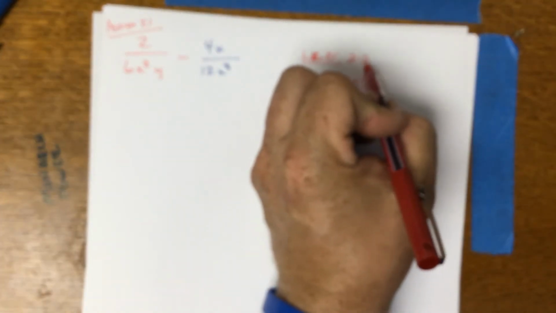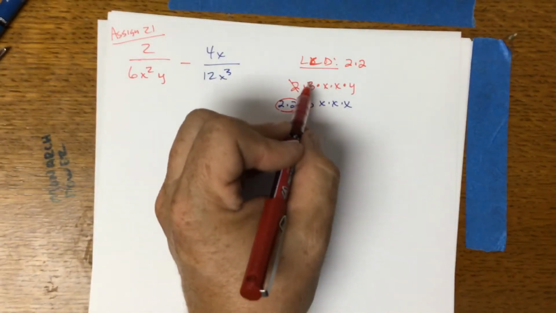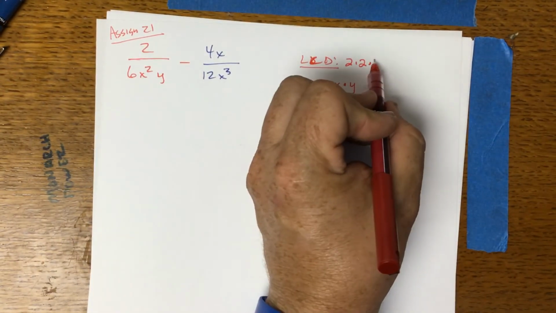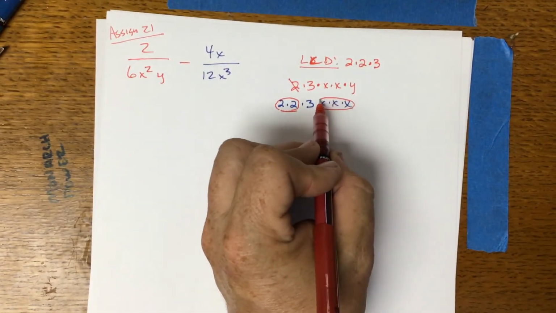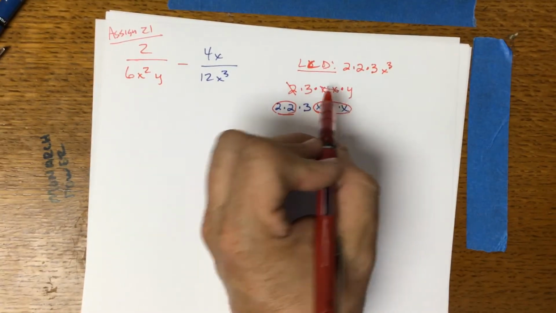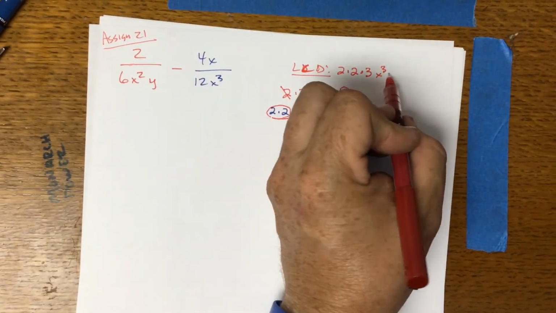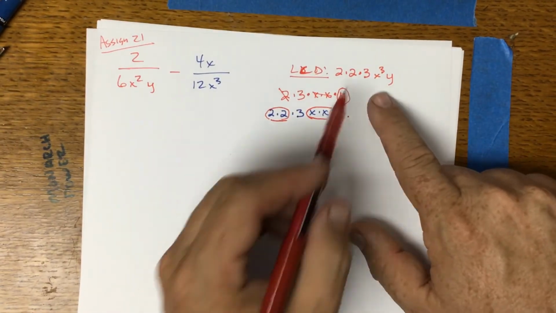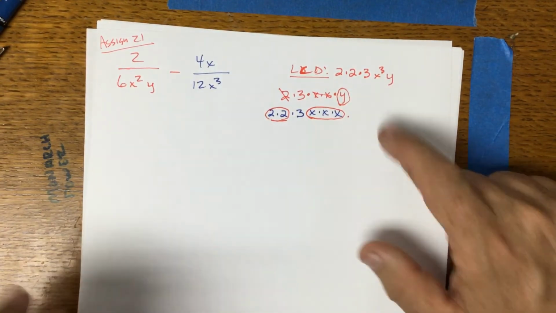So my LCD is going to be 2 times 2. So I don't need that 2. Both of these have the same amount of 3's, so I'm going to take a 3. This one has more x's, so I'm going to take x to the third. Don't need those. And this one I have a y, and this one's missing a y, so I need a y. So my lowest common denominator is 2 times 2 times 3 times x to the third times y.